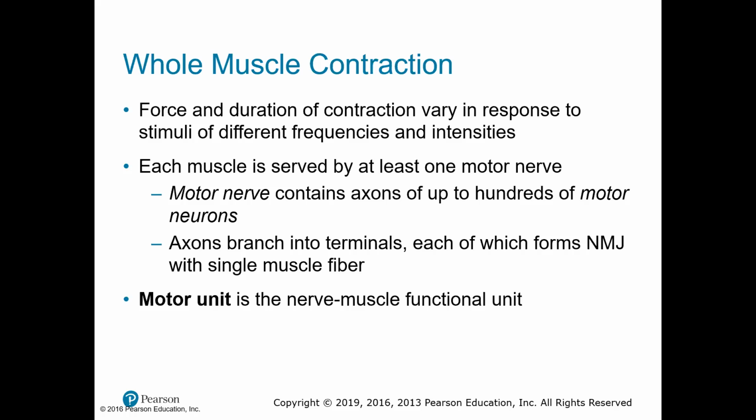Now, this is an axon terminal, and maybe you have one neuron controlling 300 axon terminals. So those cells being supplied by that neuron are all going to get the same signal at the same time. We call that the motor unit. The motor unit is the number of muscle cells controlled by one nerve.